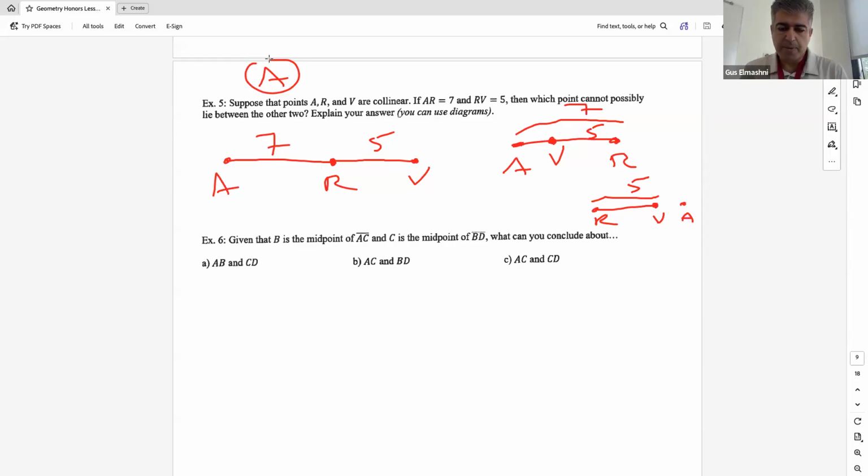Just to get you thinking a little bit. In example 6, given that B is the midpoint of AC and C is the midpoint of BD, what can you conclude?